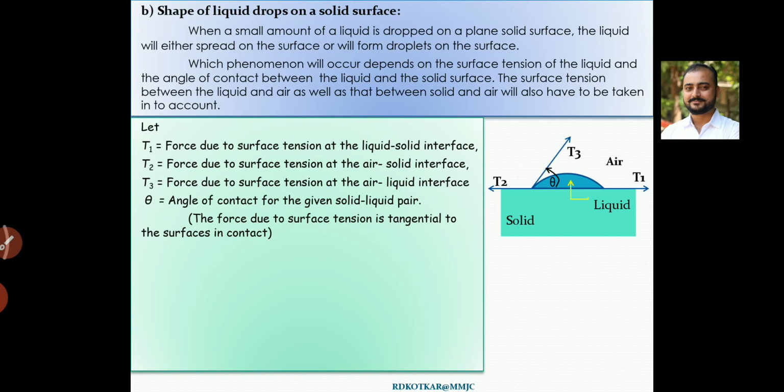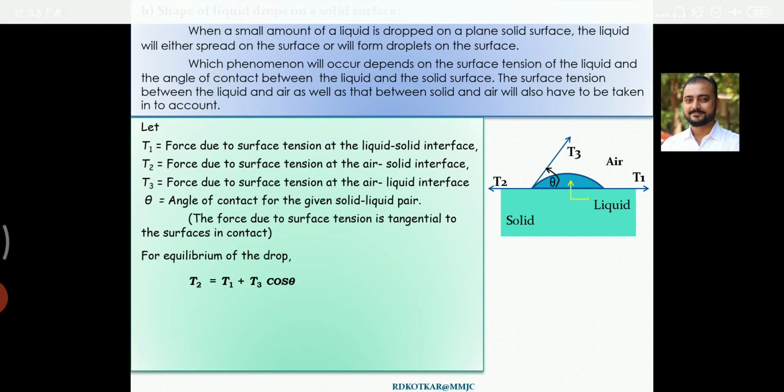So the sentence is there: the force due to the surface tension is tangential to the surfaces in contact. For equilibrium, at the equilibrium condition, the forces acting on a given molecule should be like this: T2 is equal to T1 plus T3 cos theta.